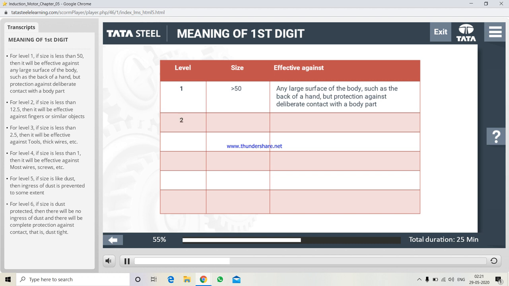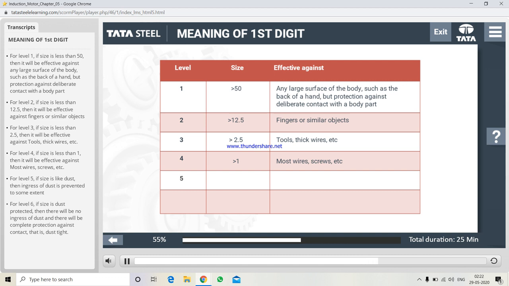For level 2, if size is less than 12.5, then it will be effective against fingers or similar objects. For level 3, if size is less than 2.5, then it will be effective against tools, thick wires, etc. For level 4, if size is less than 1, then it will be effective against most wires, screws, etc.